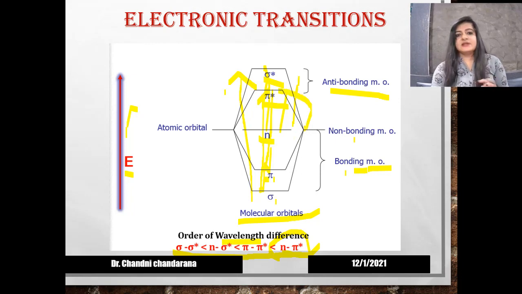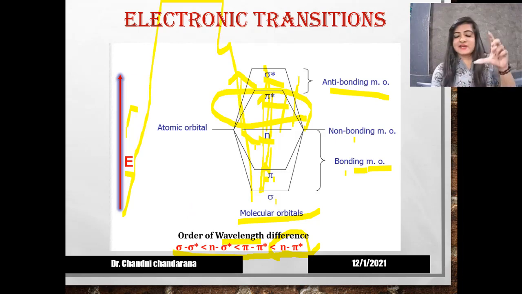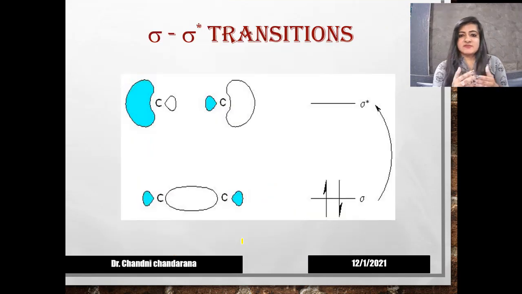Now, the first transition is the sigma to sigma star transition. An electron in a sigma orbital is excited to the anti-bonding sigma star orbital.